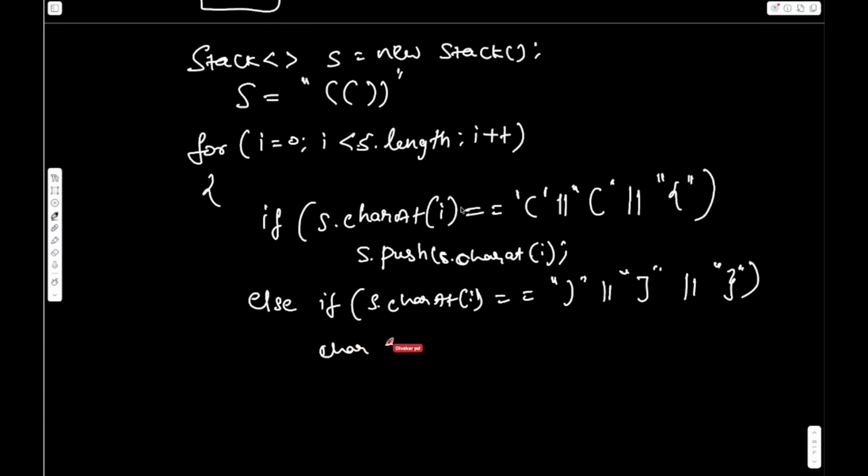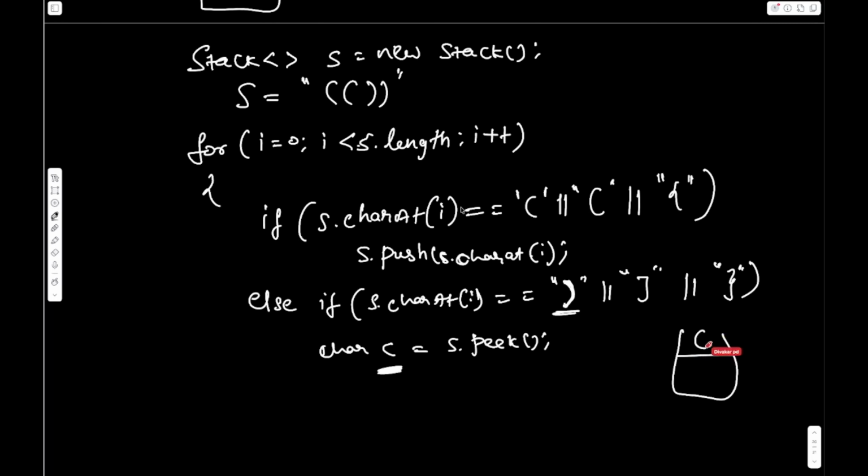Character c equals s.peek. We check if the popped character is equivalent to the opening bracket of this particular closing bracket. So the top of the stack is the opening bracket.